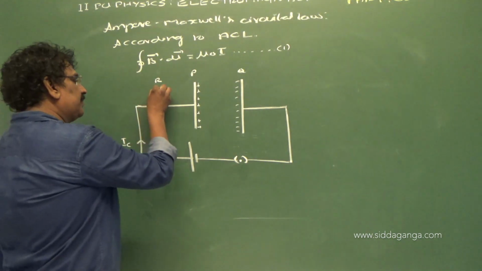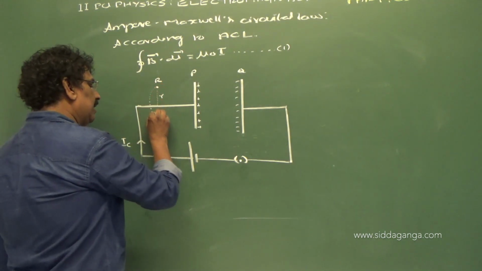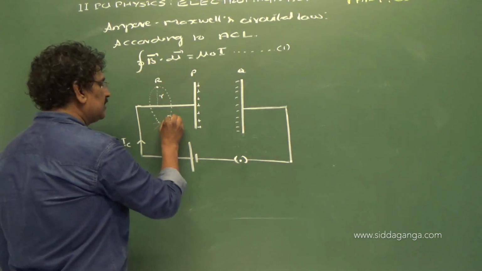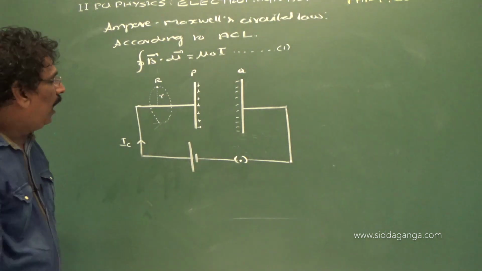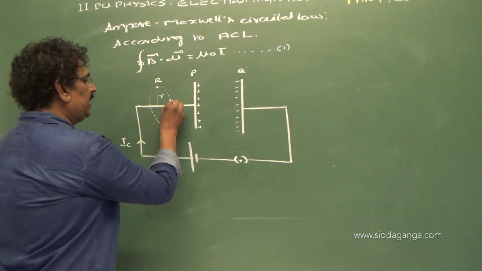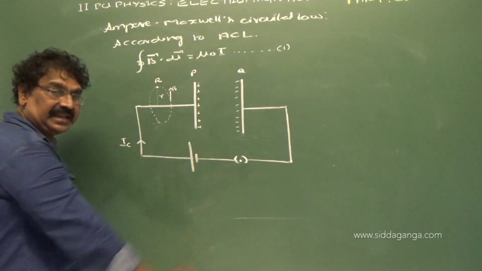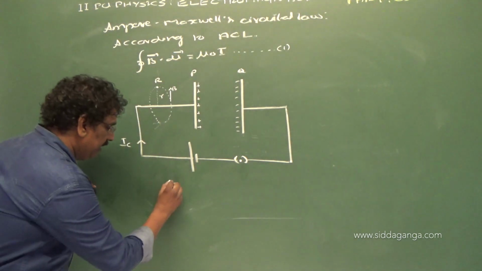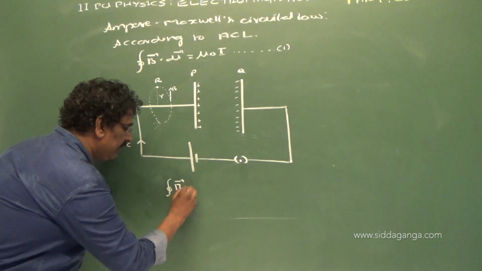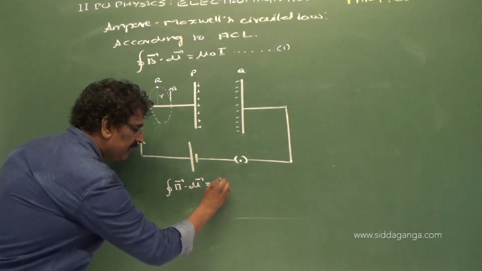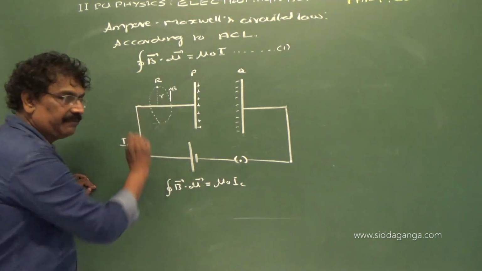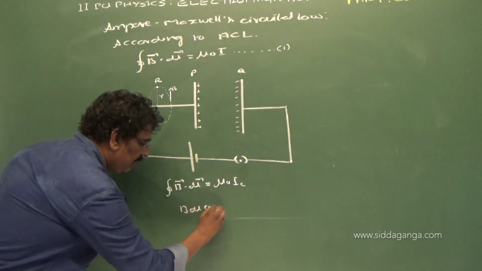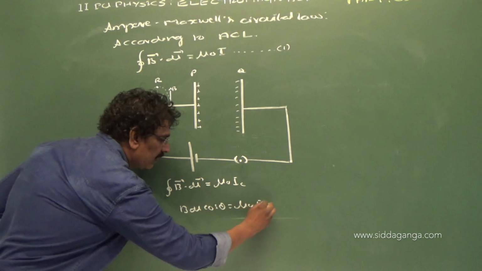Now let us consider a circular loop of circumference 2 pi R. There is a magnetic field B here. According to Ampere's Circuital law, the line integral of B dot dl is equal to mu naught IC, where IC is the conduction current, or B dl cos theta is equal to mu naught IC.